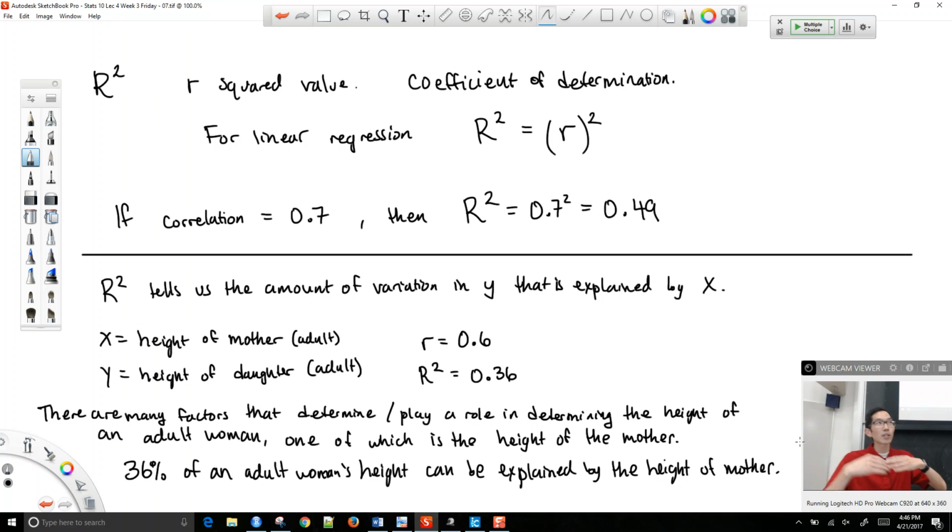It's not that it determines it, but if we know the height of the daughter, we can explain part of the high or low height of the mother. And that is r squared, called the coefficient of determination.